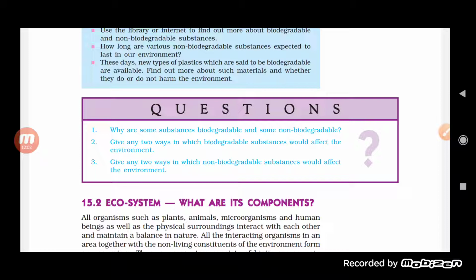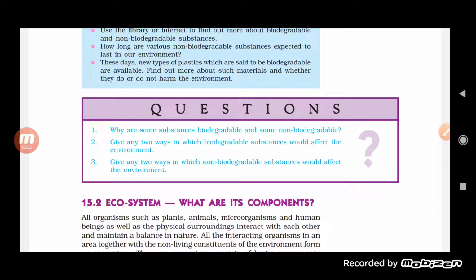Obviously decomposers, or the saprophytic bacteria or saprophytes. They are responsible for converting it into compost. So there are substances which can be broken down and substances which cannot, and on that basis we say some are biodegradable and some are non-biodegradable.